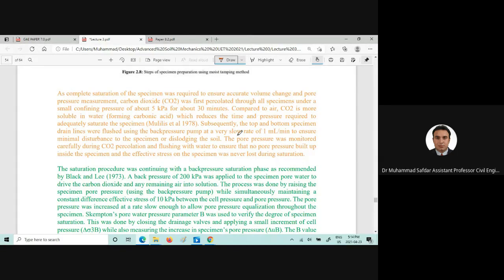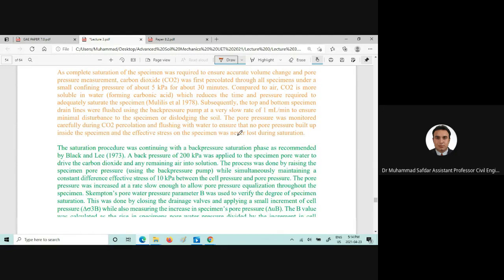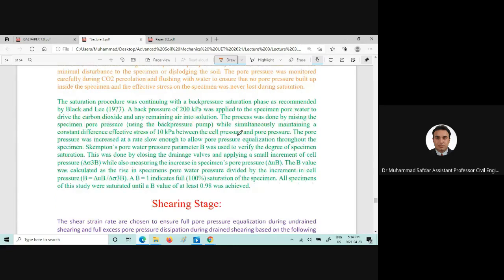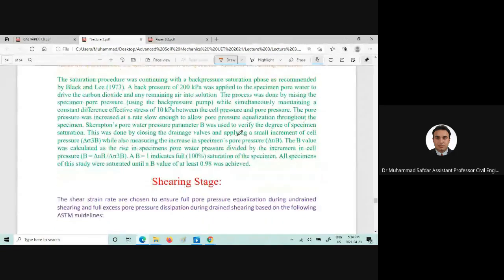Then you need to flush the specimen with a very slow rate of water, for example 1 milliliter per minute, to ensure minimal disturbance to the specimen or dislodging the soil. Then saturation can be done using back pressure, and you can apply 150 kilopascal or 200 kilopascal, and then you go for the shearing stage.